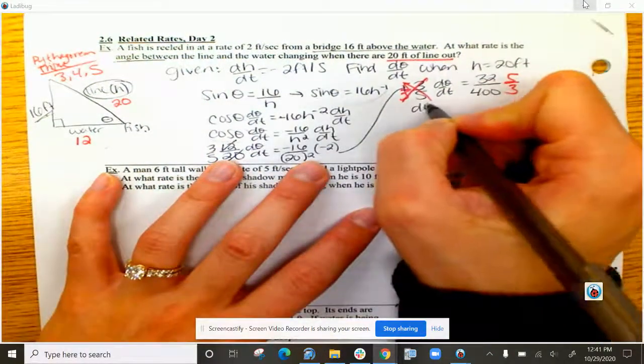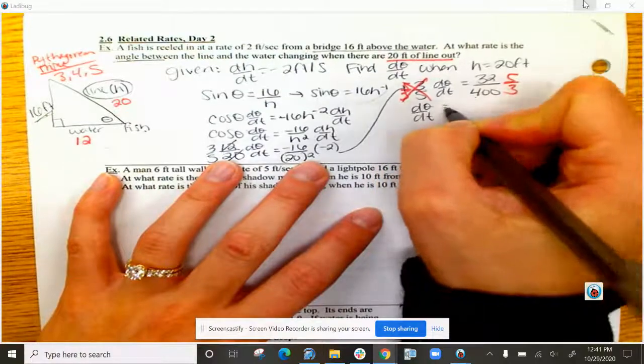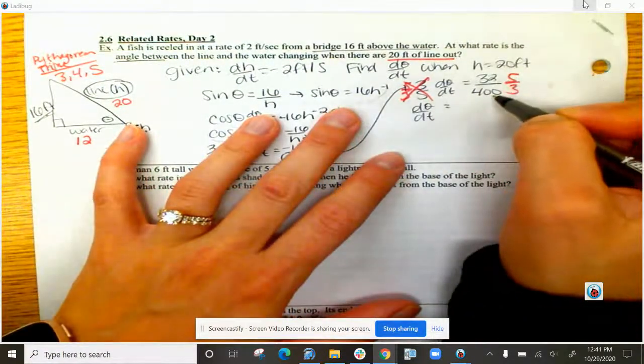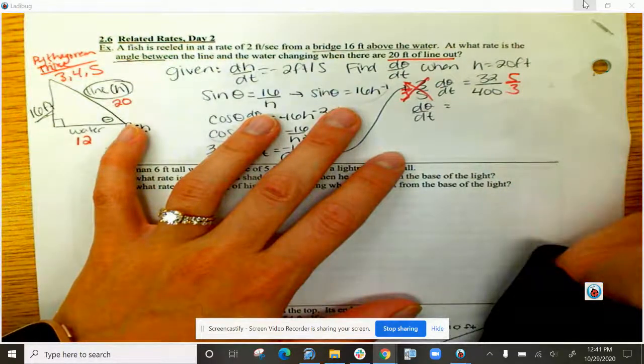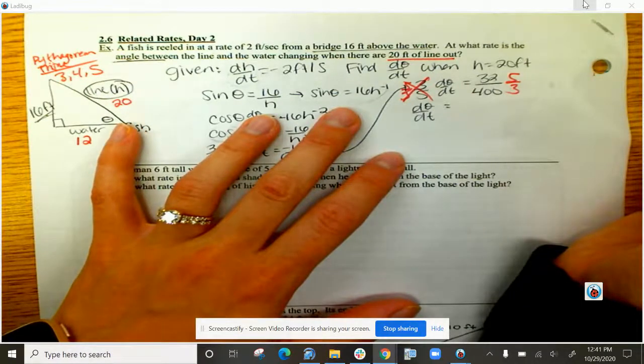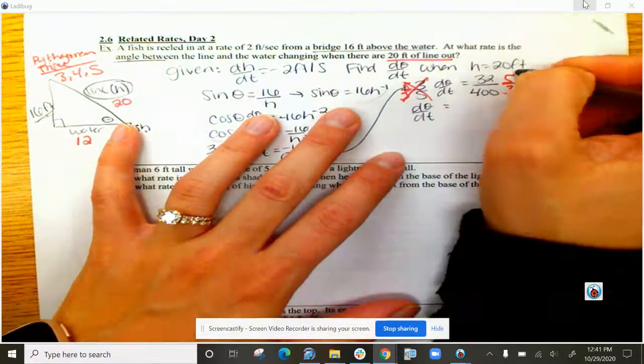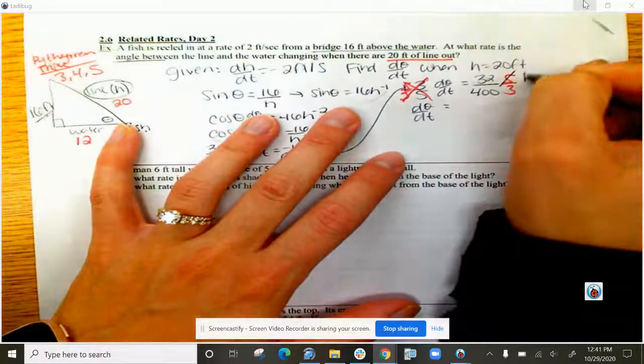And then I have d theta dt equals 32 times 5 over 400 times 3, which I'm going to try to simplify a little bit here. Let's see. I can cross off this.